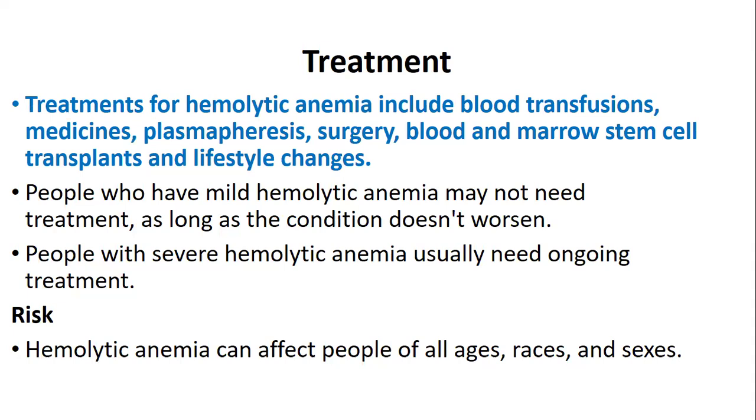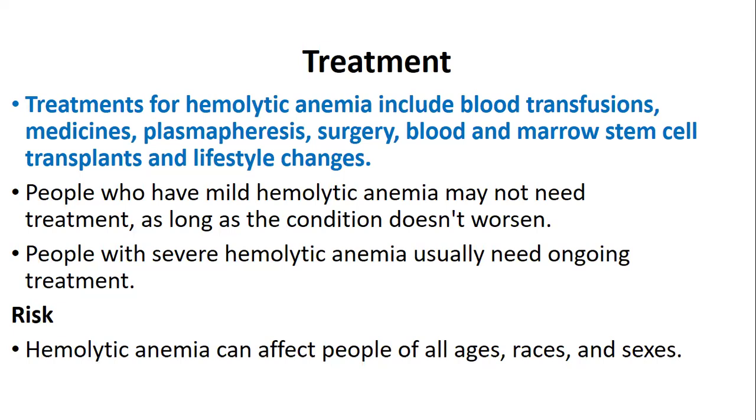Treatment for hemolytic anemia includes blood transfusions, medicines, plasmapheresis, surgery, blood and marrow stem cell transplants, as well as lifestyle changes. So these are at least some of the things that can be adjusted as we are trying to treat this condition. Lifestyle is also one of those that can be considered when trying to treat this condition.